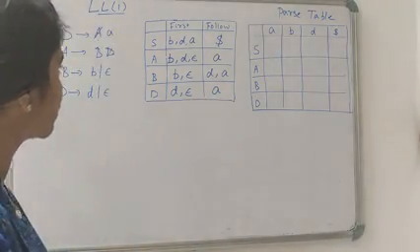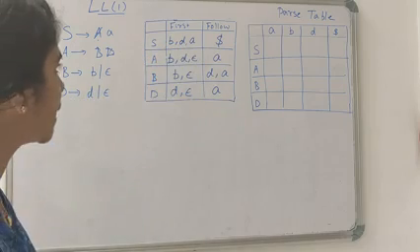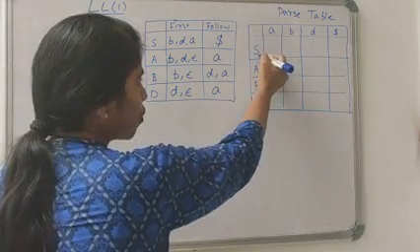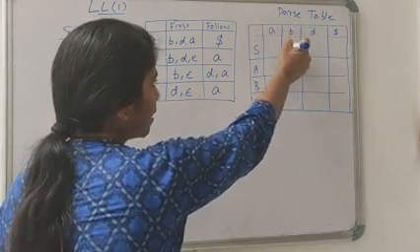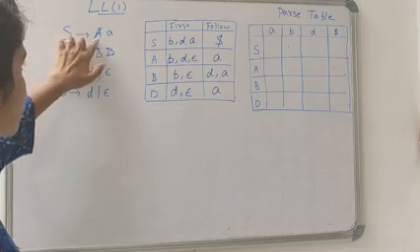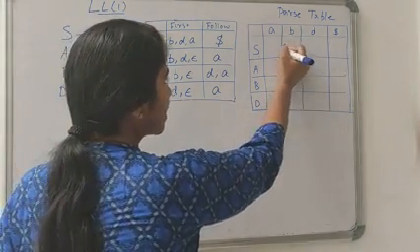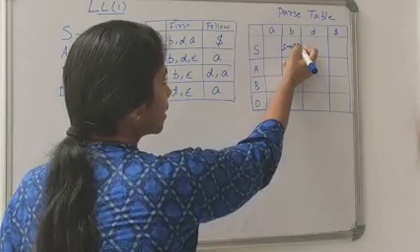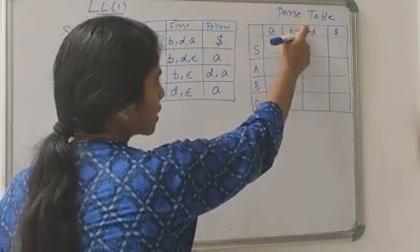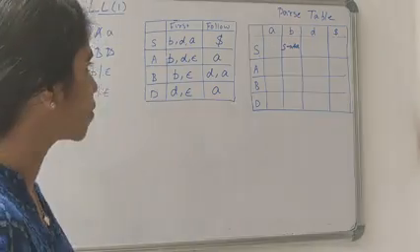So what is the first of S? First of S is b. So in the row of S, column of b, we will write the rule for S, that is S gives capital A, small a.